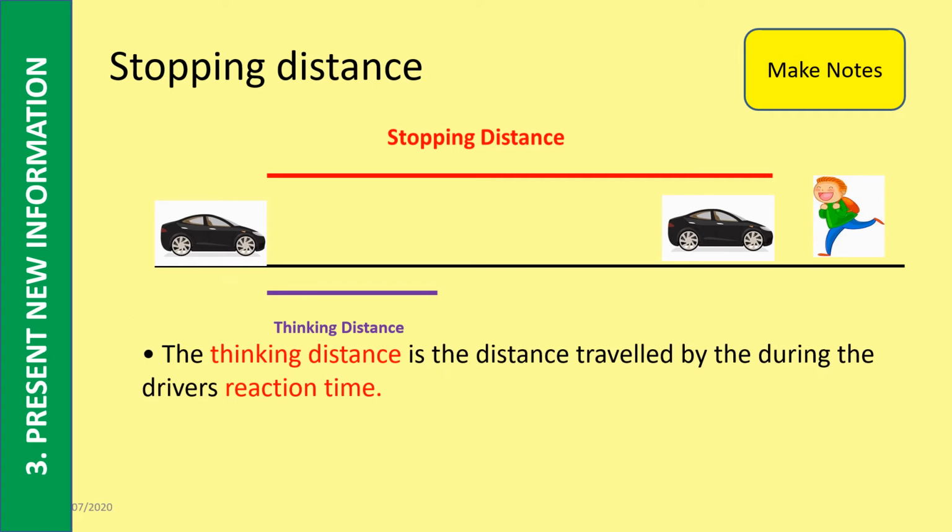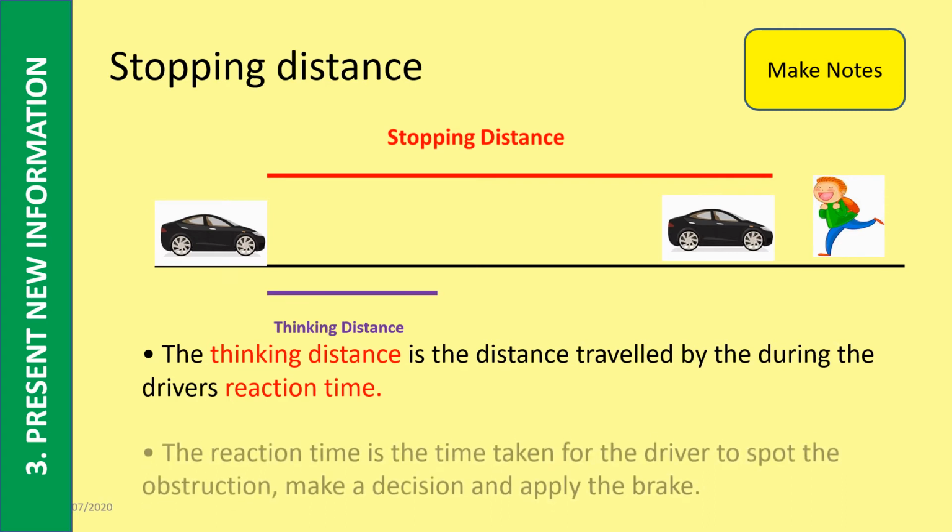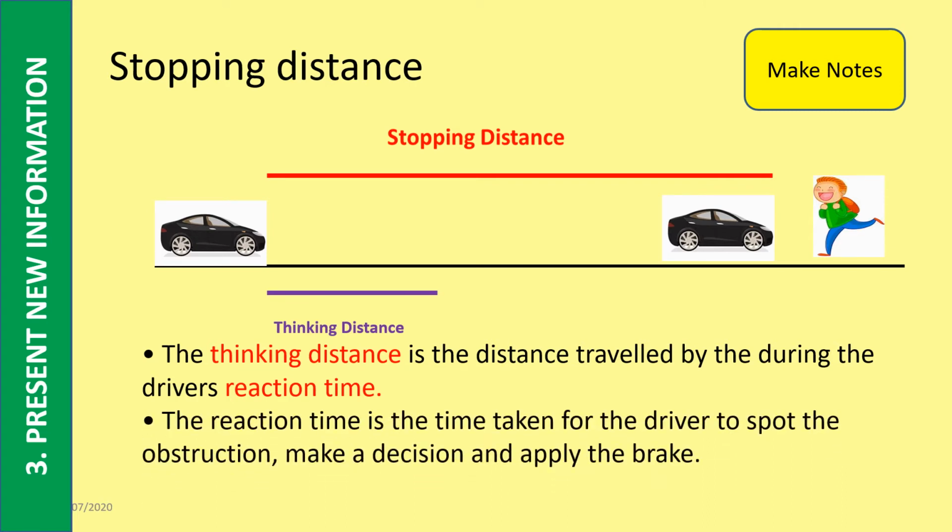This is a definition that we need to learn. The thinking distance is the distance travelled by the car during the driver's reaction time. And reaction time is something that we need to be able to explain as well. The reaction time is the time taken for the driver to spot the obstruction, process that information, make a decision, and apply the brakes. So now we've got the vehicle travelling this distance that we call the thinking distance.